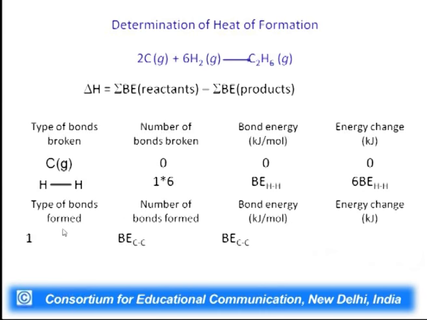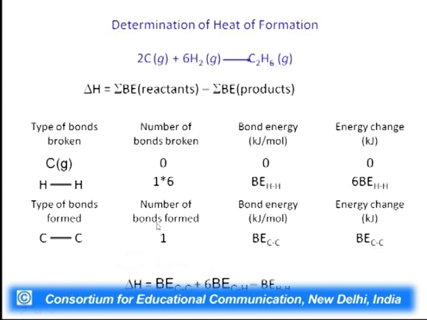The bond formed is 1 C-C bond, and if bond energy is BE(C-C), the enthalpy change will be BE(C-C). And so you can see that there is 1 C-C bond formation and 6 C-H bond formation, and if this is BE(C-H), then it is 6 BE(C-H).